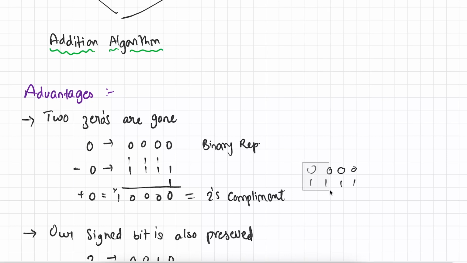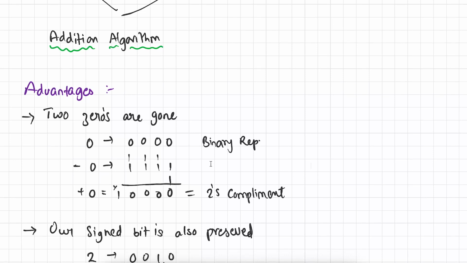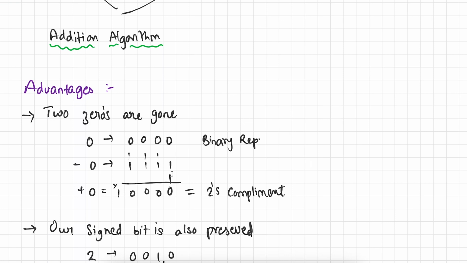To find the 2's complement, we simply add 1 to it. After adding 1 to it, it becomes 0, 0, 0, 0, and we get this extra bit, because 1 plus 1 is 0 with carry 1, and so on, and here it comes 0. We simply ignore this bit in 2's complement. So we finally get minus 0 is 0, 0, 0, 0, and it is nothing but a positive 0, right? This is how we avoid two zeros in 2's complement.